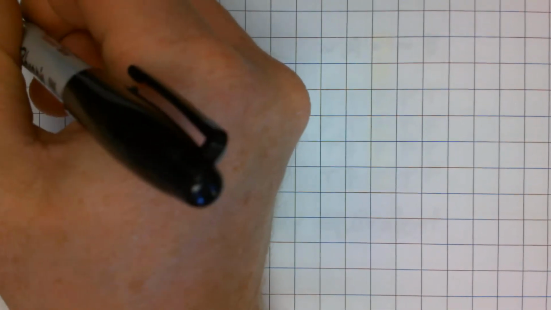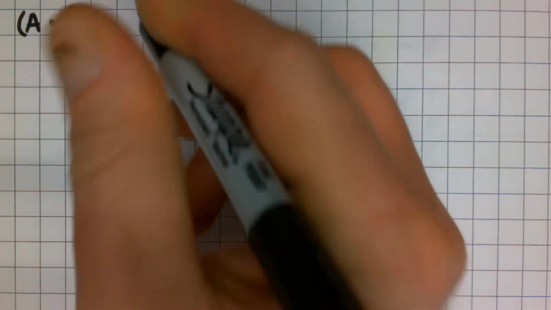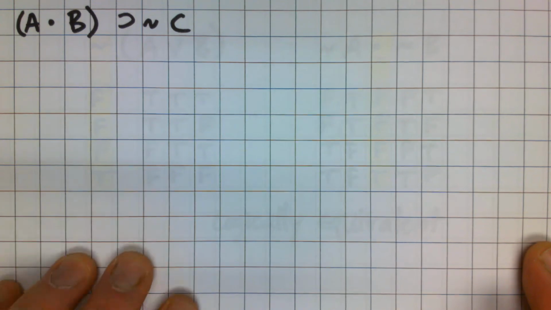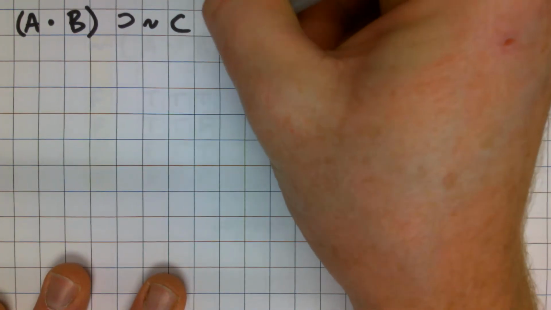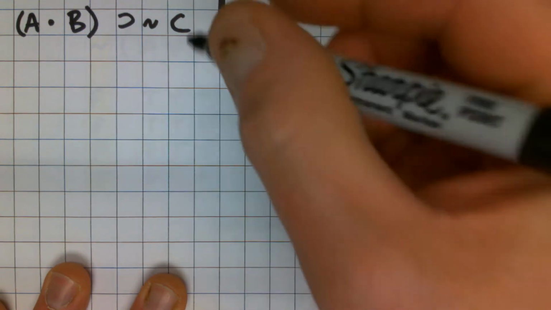Let's do a more complicated example now. So I'm going to start with the claim: if both A and B, then not C. That's my first proposition. My second proposition, I'm going to just put a solid bar there so we distinguish the two propositions. My second proposition is going to be much more complicated.